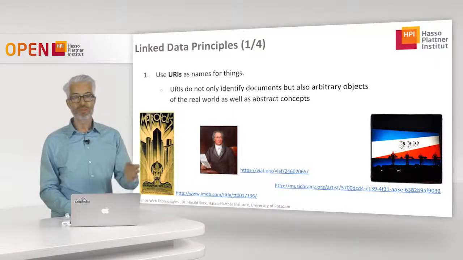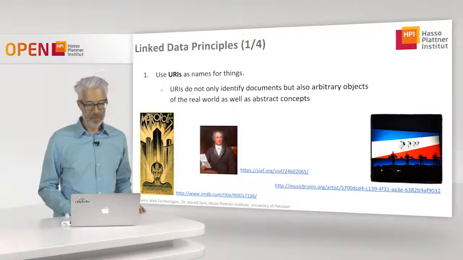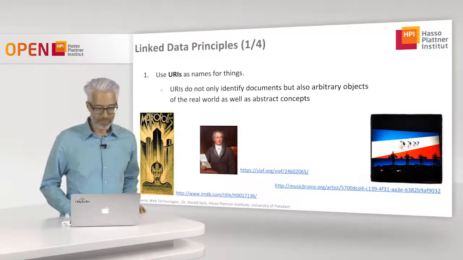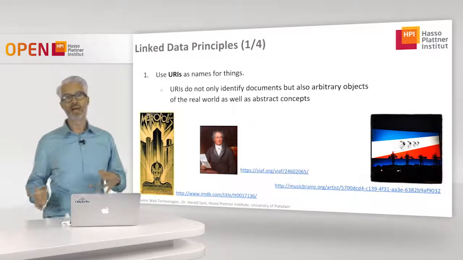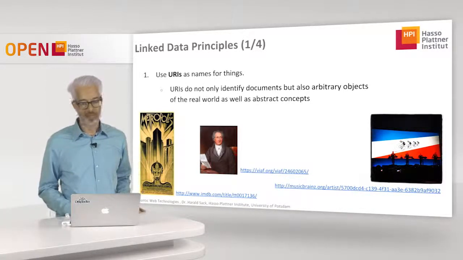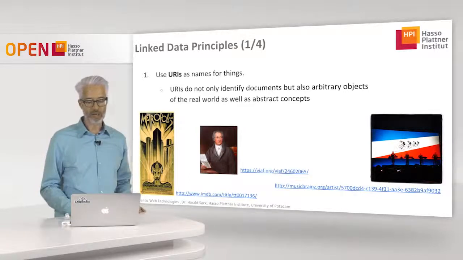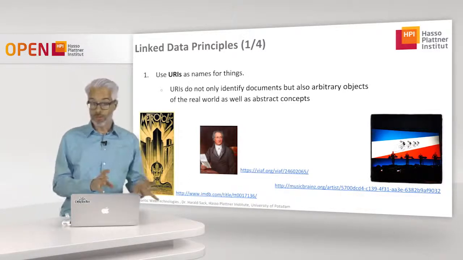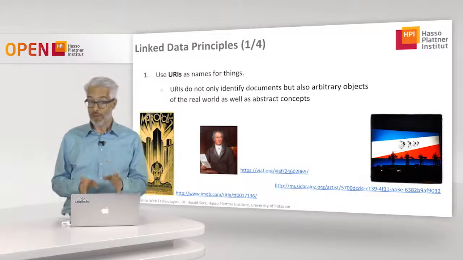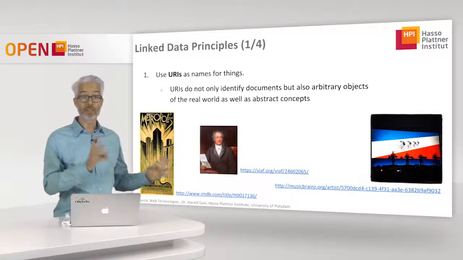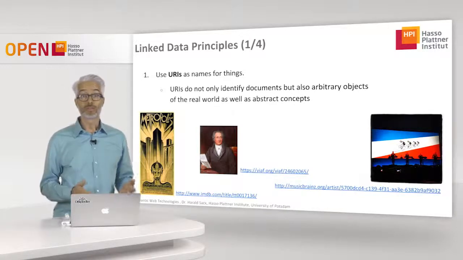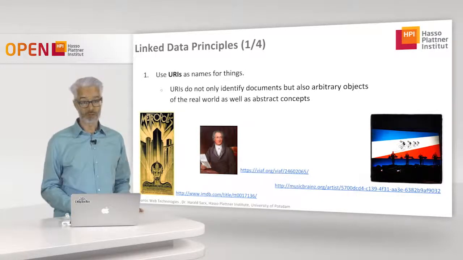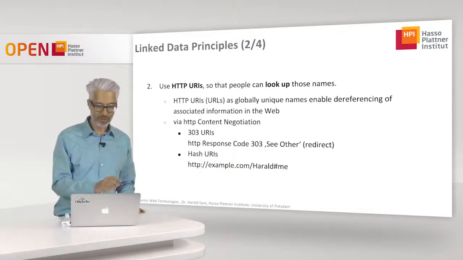Or for movies, here it's an old science fiction movie, Metropolis. There the authoritative source is not necessarily DBpedia, but probably IMDb, the Internet Movie Database. And there you also have a URI for that. So if you want to talk about things, use URIs. Either use URIs that already exist or create URIs according to the design principles that we have already talked about. Okay, that's the first point.